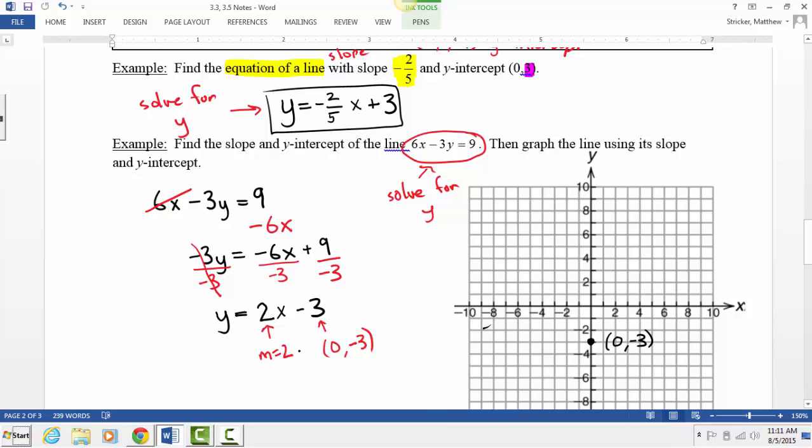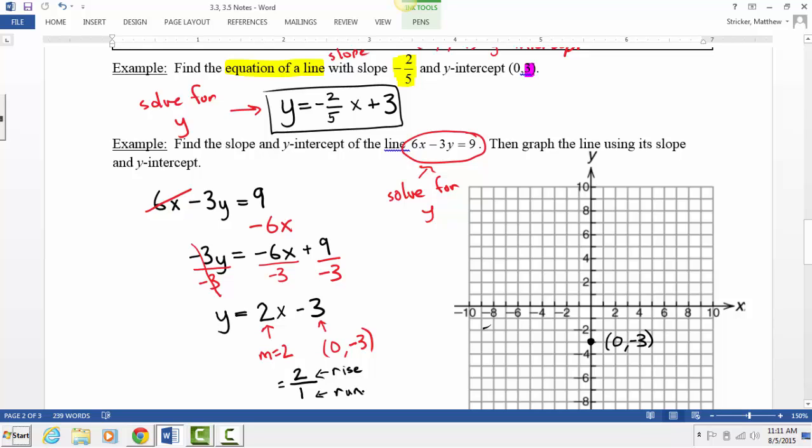And then we have a slope of 2. Now, usually we think of the slope as a rise over run, but 2 is not a fraction. So I can turn it into a fraction by putting it over what? Over 1. So the rise is 2 and the run is 1.